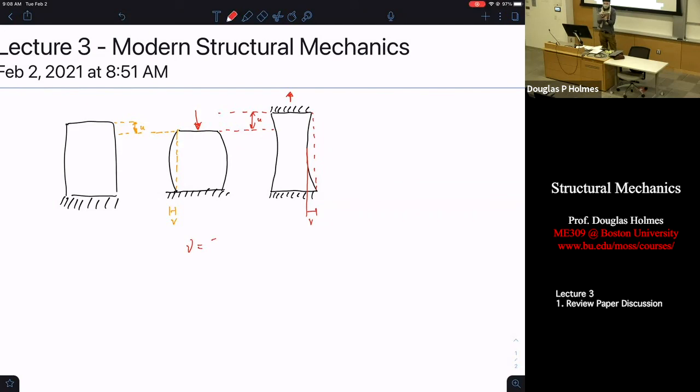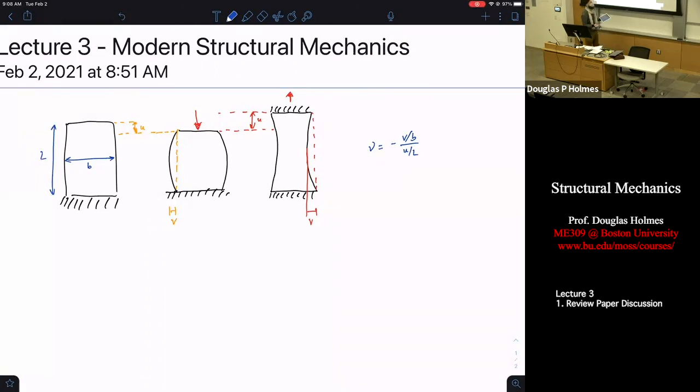We'll call the width B and the length L, so your Poisson ratio is negative V over B, over roughly U over L.